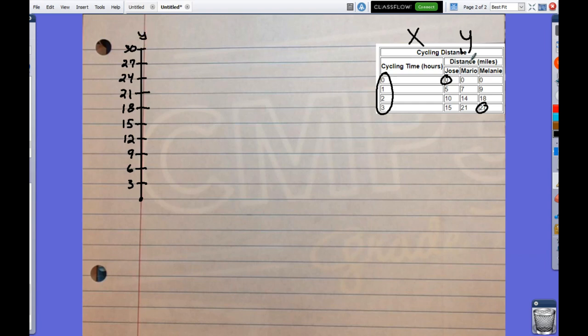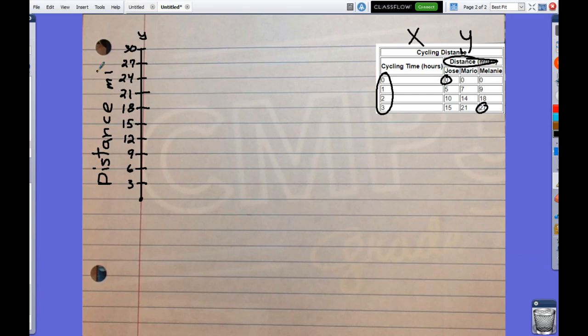We also talked about labeling, so this is going to be distance in miles. So we're going to write out distance in miles. Sorry, writing sideways is a little hard on this board.